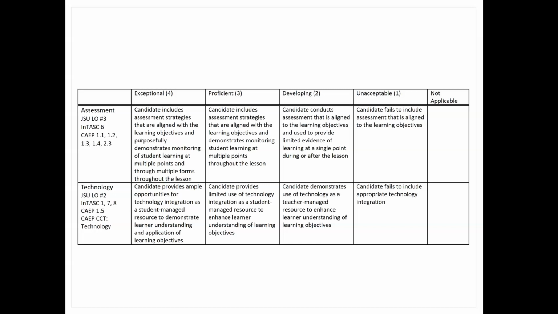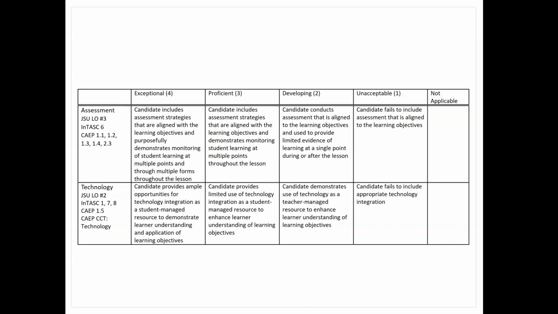The next 2 indicators are assessment and technology. Again, if you read across from unacceptable to exceptional, you will see that there are differences in each performance category. You will also notice that for all indicators, there is a not applicable option. This option is to be used when something is not included in the lesson.